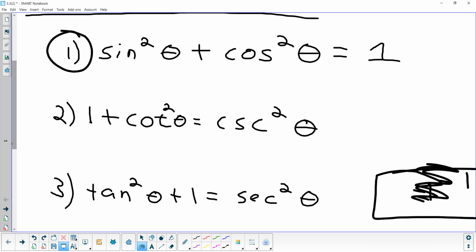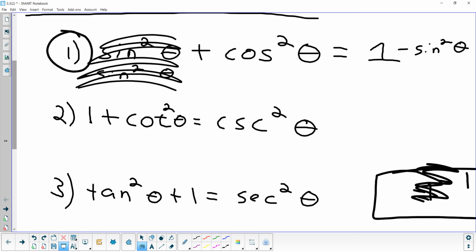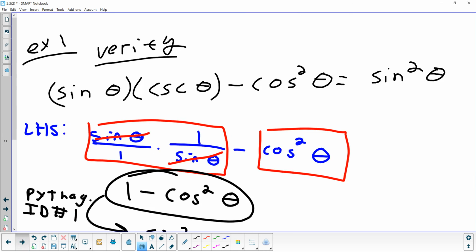Subtract sine squared from both sides. Yep. Subtract sine squared from both sides. You get that. This would be gone. So what does that formula say now? 1 minus sine squared can be changed into what? Cosine squared. 1 minus sine squared is cosine squared.